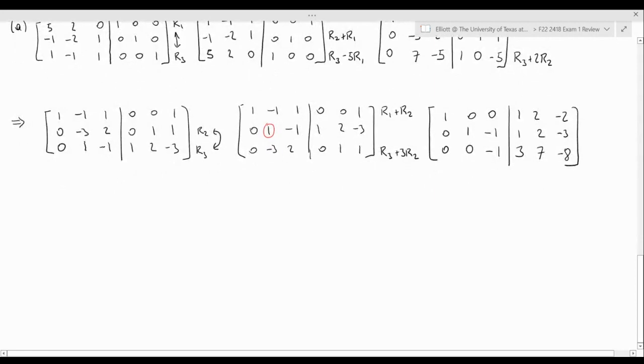And at this point, we'll just do a couple more things. So to get the identity matrix, we need this to be a +1. So what we can do there is just do -1 times row 3, okay?